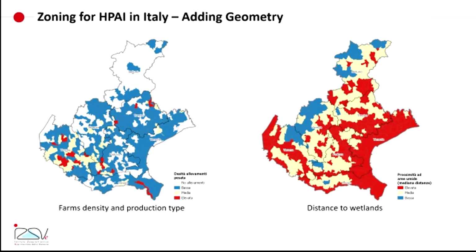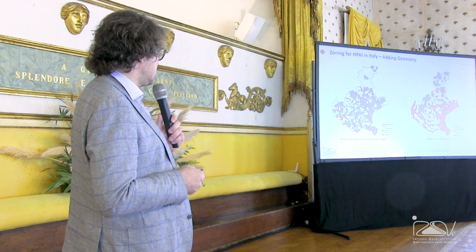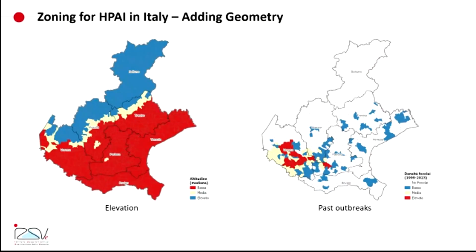Those are very simple risk maps. We have density of farms weighted for production type, distance to wetland as a proxy for the presence of wild birds. Then we have elevation because it is considered one of the strongest risk factors, but I guess it is more related to the ecology of ducks.